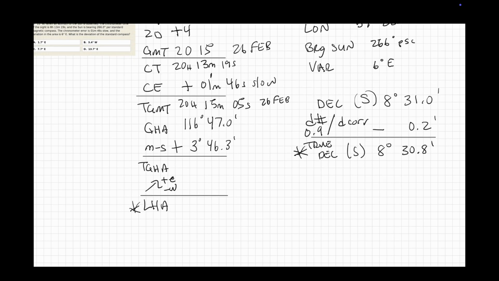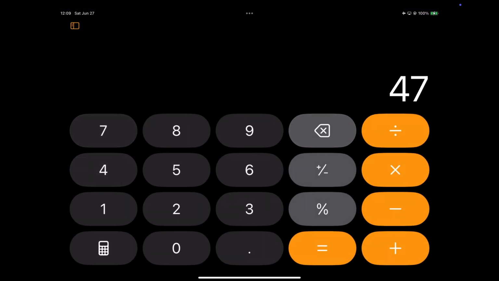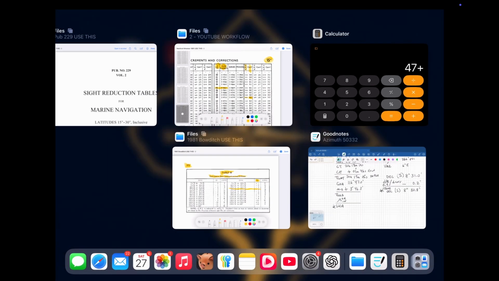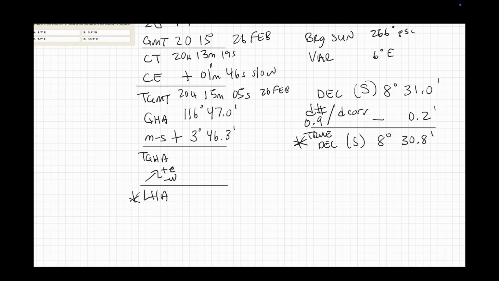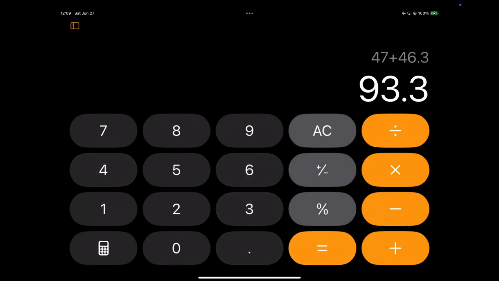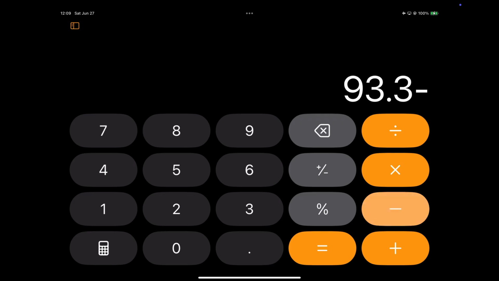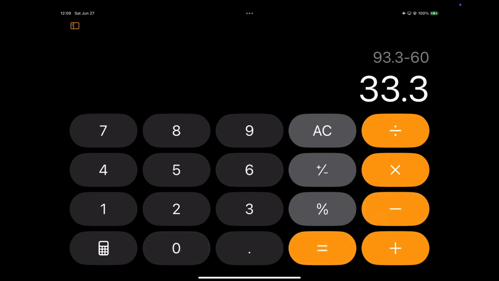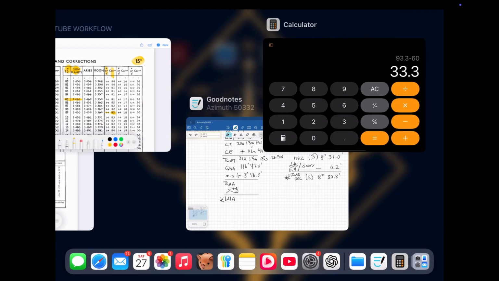This area right here is always added. 47 minutes plus 46.3 minutes gives 93.3 minutes. We're over 60, so we have to subtract 60. That gives us a degree to carry over, and we're left with 33.3 minutes.